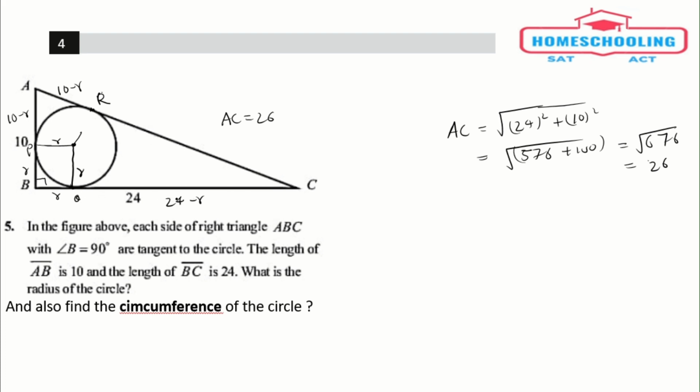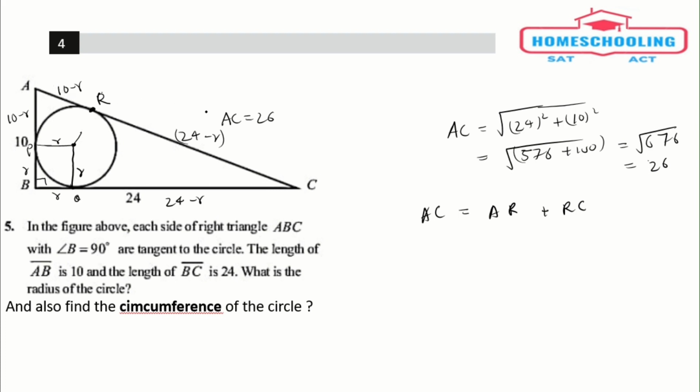If QC is 24 minus r, then RC is also going to be 24 minus r. So now, as we have already calculated AC, AC is equal to AR plus RC.